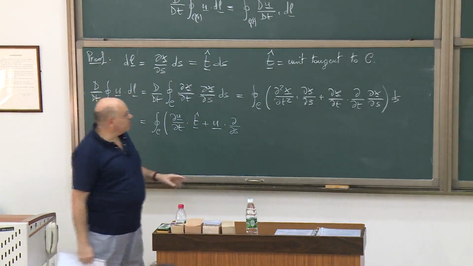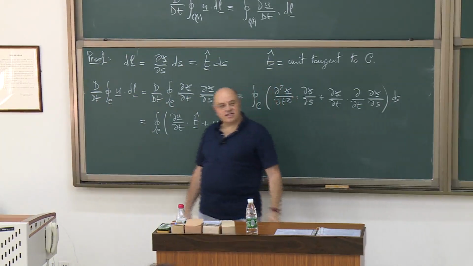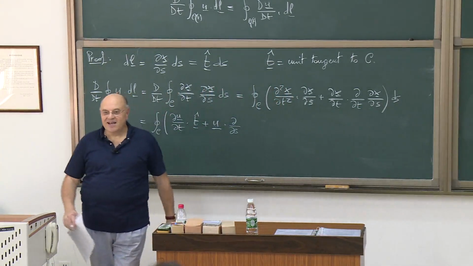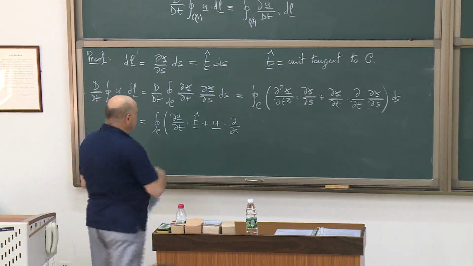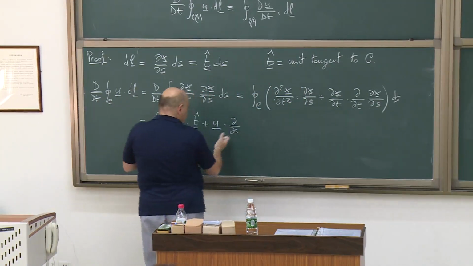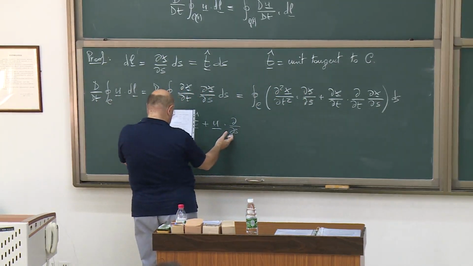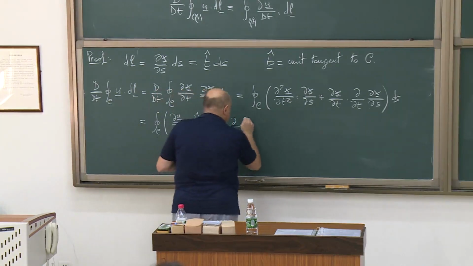When you cannot, you have to introduce a torsion tensor that takes into account the connection. Not always can you do this exchange, but in R3 Euclidean space, you can do it.